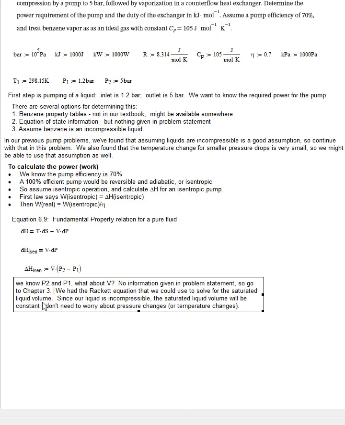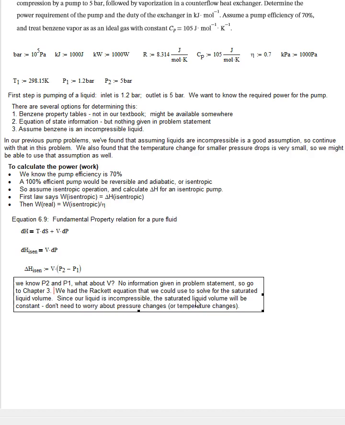Is that going to be the same? Are we at saturation conditions at our inlet or our outlet condition for the pump? No, we're not. We're a subcooled liquid in our pump. So how can we use an equation of state that gives us the volume for a saturated liquid? Well, the reason we can do that is because this liquid is incompressible.